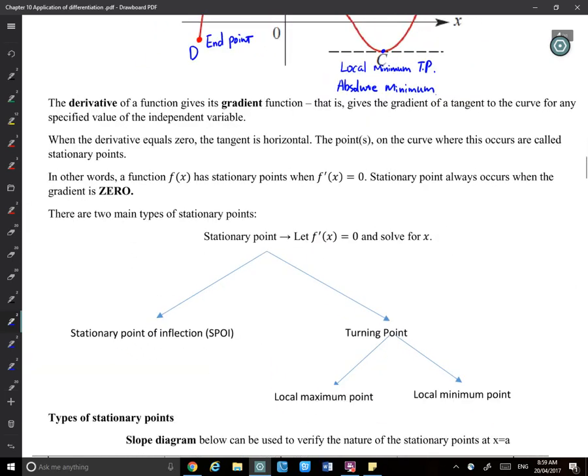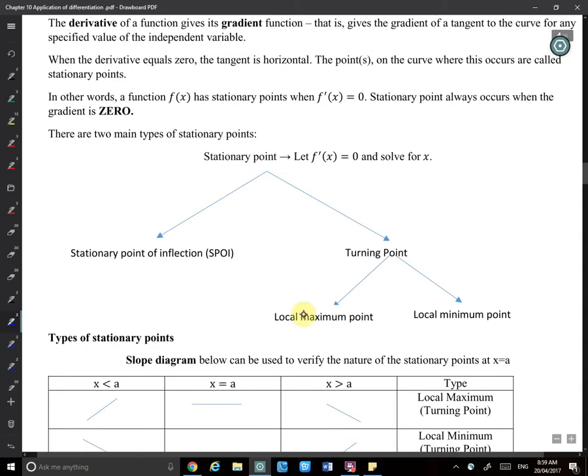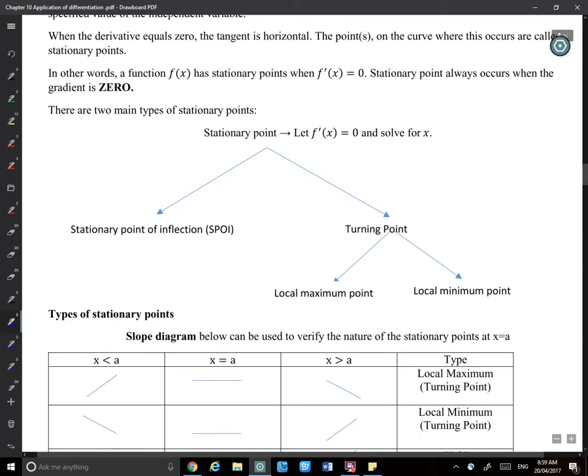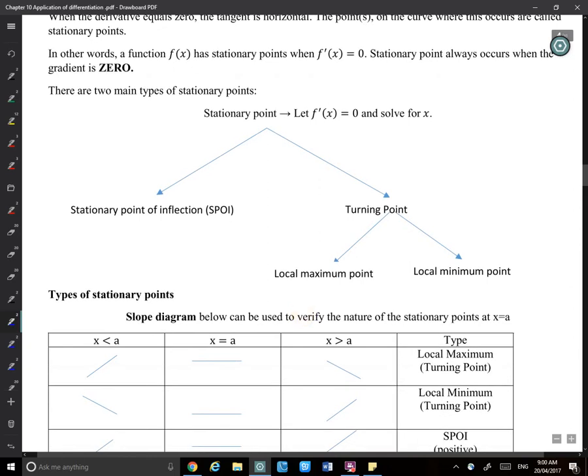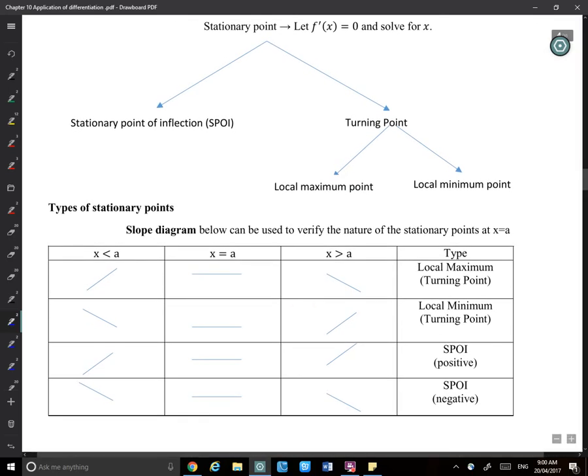So to find stationary points, let f dash x equal 0 and solve for x. You have the stationary point of inflection and you have the turning point. The turning point can be a local maximum point or a local minimum point. So there are 3 types of stationary points. We draw a box, a table.